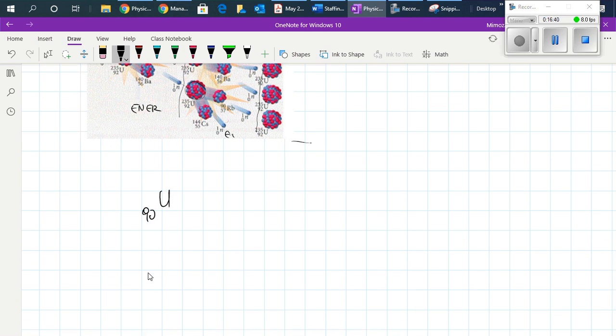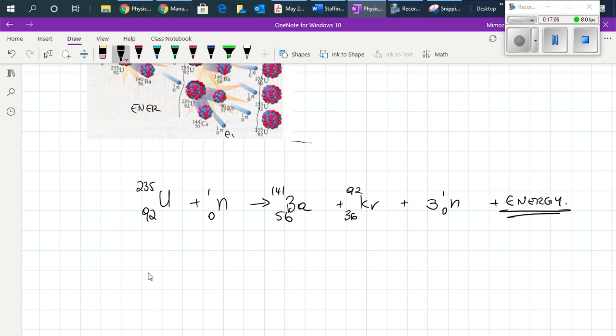Uranium-92 235 plus a neutron will produce barium 56 141 and krypton 36 92 and 3 neutrons, plus energy. So we'll calculate this energy here.